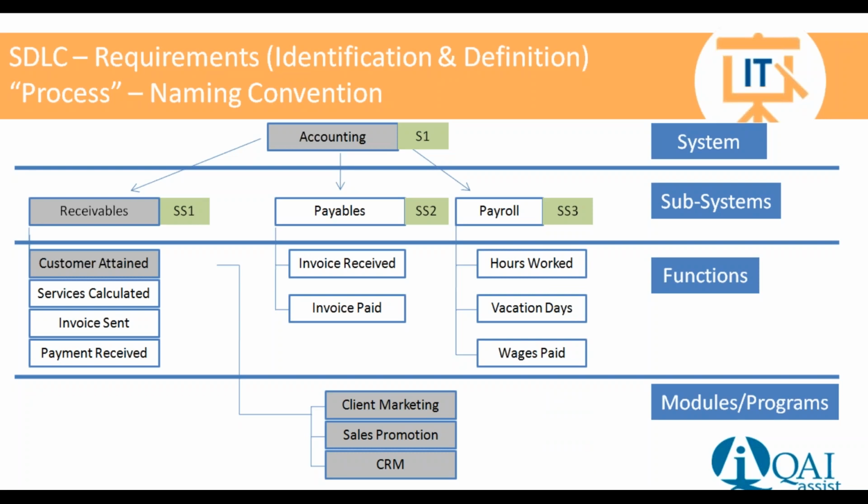And you'll come to understand here in a minute why the naming convention and the structure is of consequence. So within subsystem 1, we are going to have function 1. Subsystem 1, function 1, which would be customer attained. We have function 2, function 3 of subsystem 1.